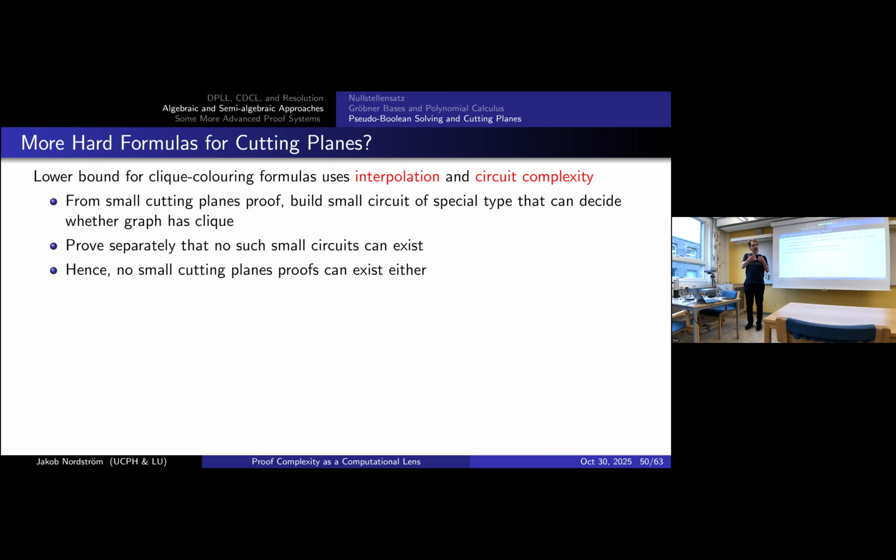Then from this, I can build a small circuit that is very good at distinguishing cliques. And then I prove separately that such small circuits don't exist, and that tells me that there couldn't have been a small cutting planes proof in the first place. And now I get a lower bound. So it's a very roundabout way, and you have to go deep into circuit complexity and prove highly non-trivial results there.